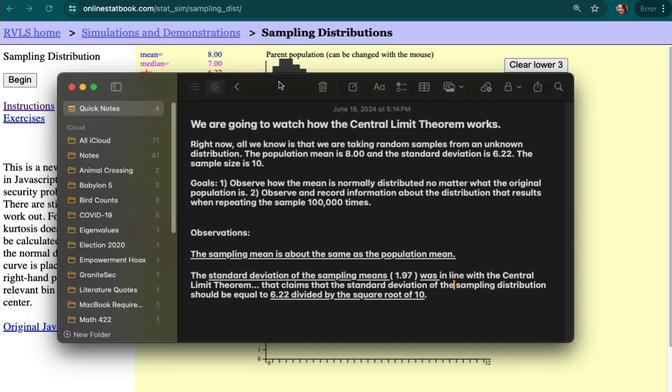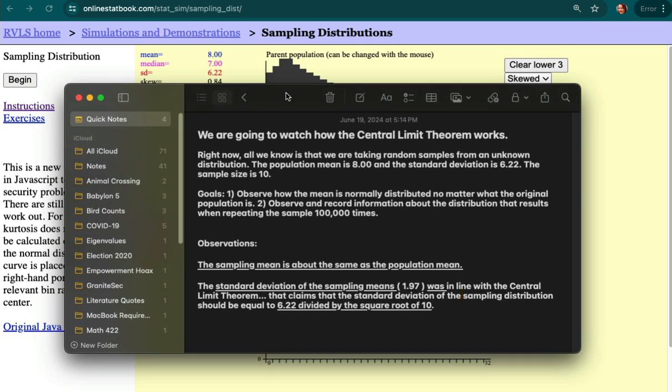So whenever we take a sample from this population, we can be fairly confident that the mean of that sample represents the mean of the population in some way. Okay, within a certain margin of error, right? Because there's always going to be a margin of error. You can't always get it exactly. Each individual sample you saw did not get us a mean of 8.00. But over time, when you take 100,000 samples, you get a mean of 8.00.